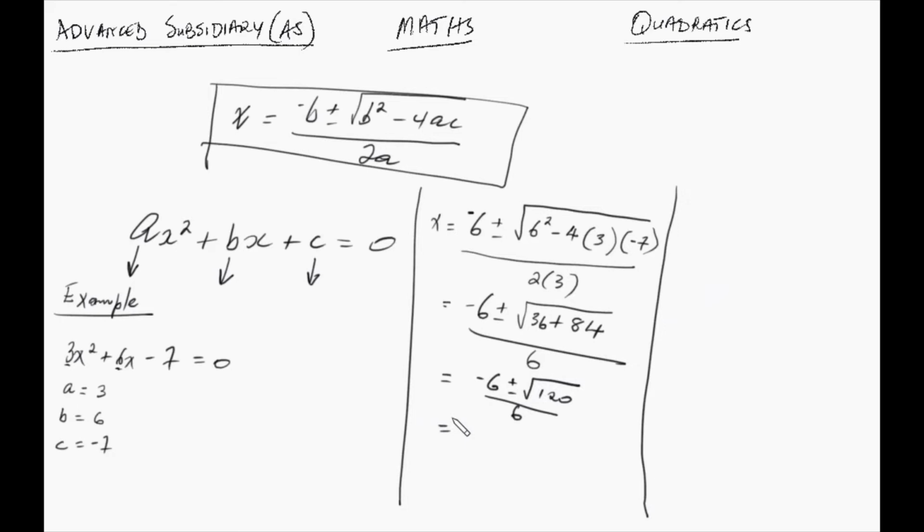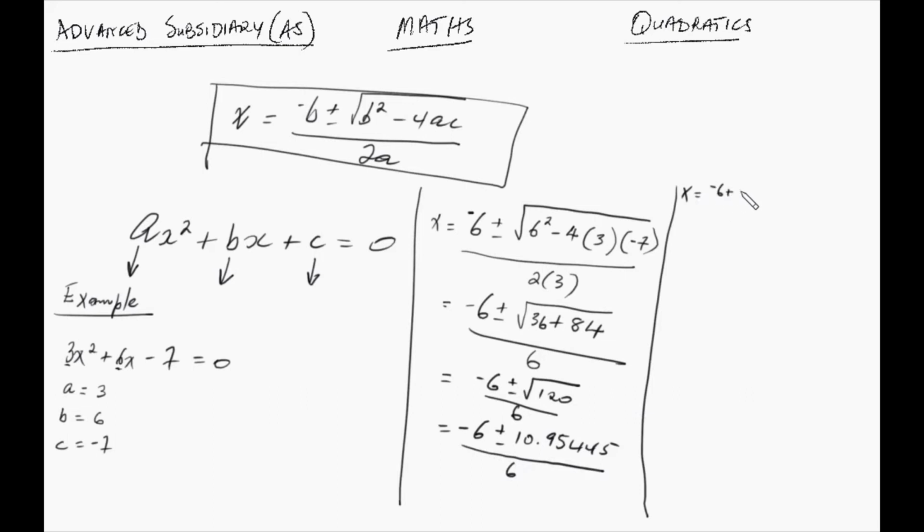The square root of 120 is 10.95445. So we have negative 6 plus or minus 10.95445 all over 6.